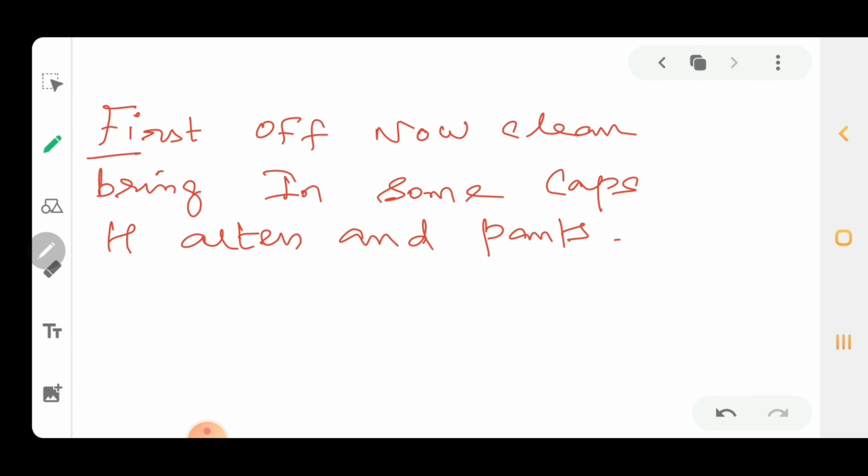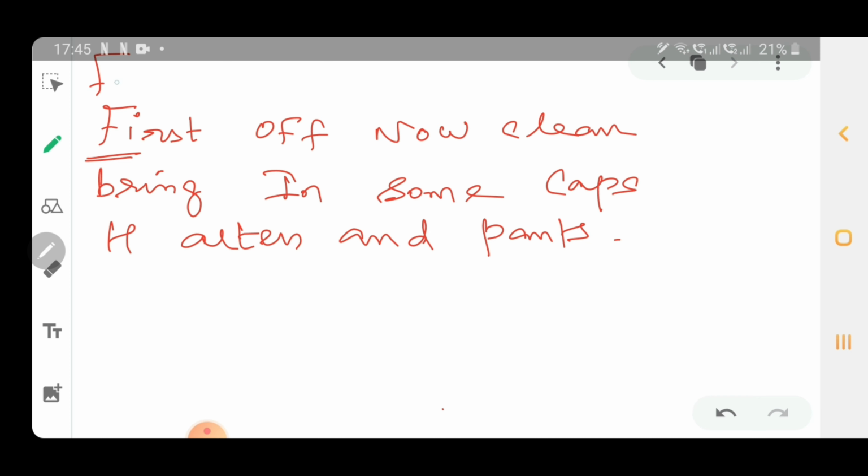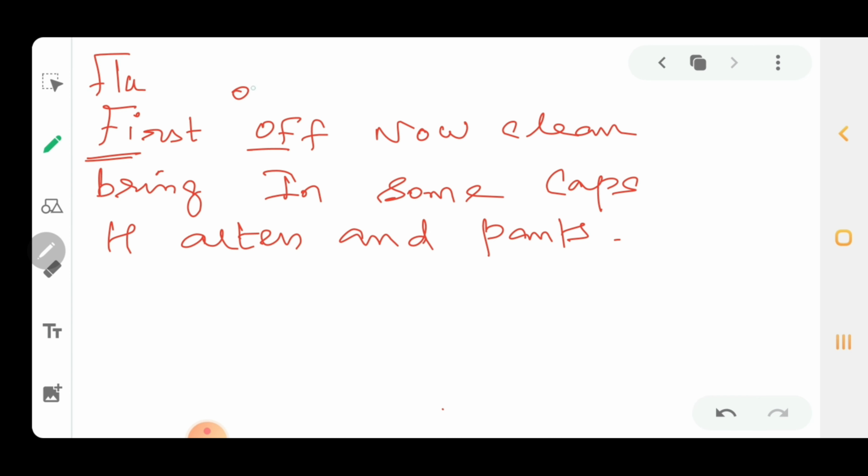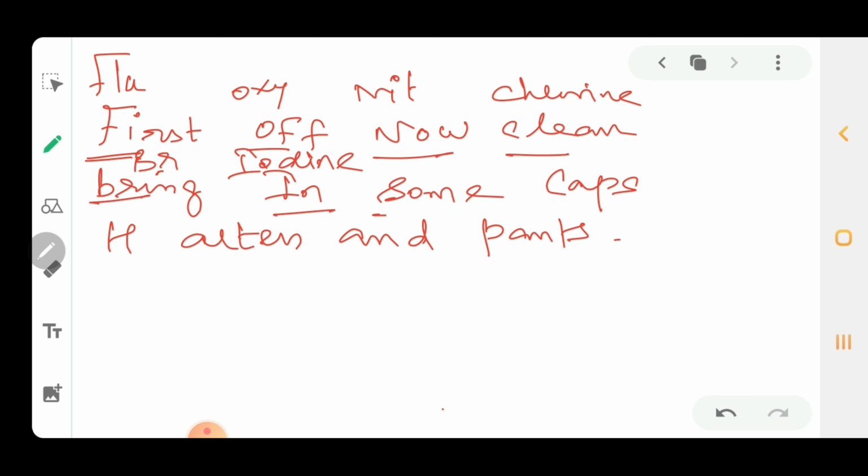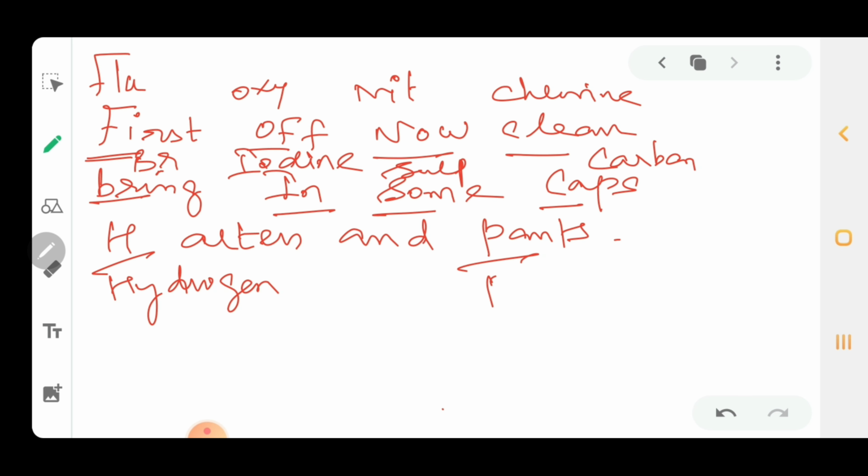And if you see, the first F stands for fluorine, O stands for oxygen, N stands for nitrogen, Cl is chlorine, Br is bromine, iodine, sulfur, carbon, hydrogen, and the last one is phosphorus. And this is a simple trick to remember our electronegativity order.